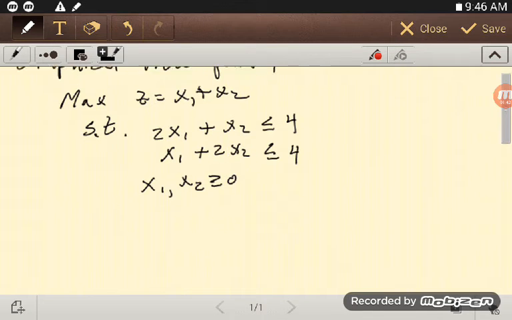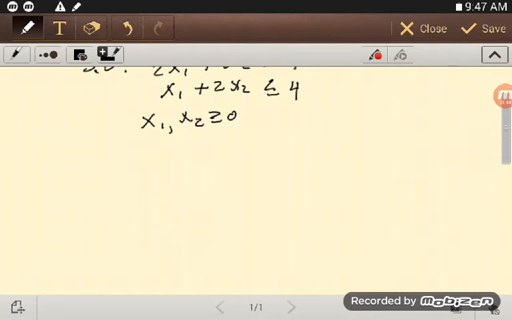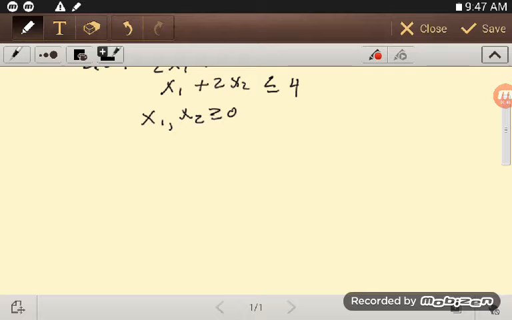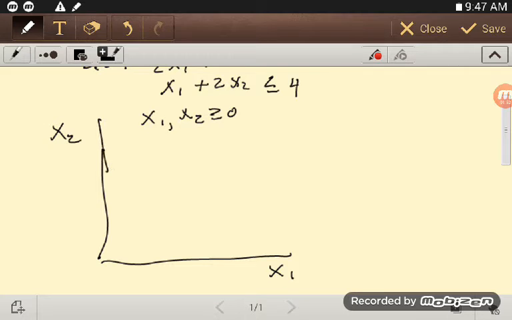Since there are only 2 variables, I can look at a graph of what this is saying. So here's x1, here's x2, and 1, 2, 3, 4, 1, 2, 3, 4.